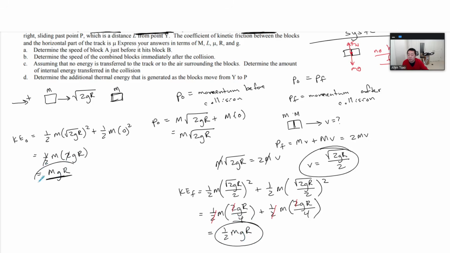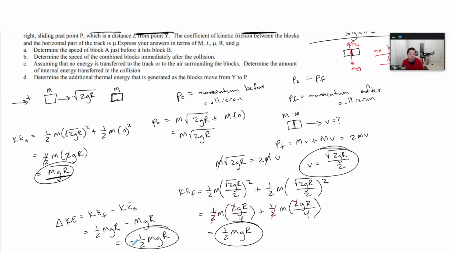So what was the change in energy? It's the kinetic energy of the final minus the kinetic energy of the initial. That means we lost energy here, because I ended up with 1/2 mgr and I started with mgr. And so I lost 1/2 mgr. The positive or negative doesn't really matter.